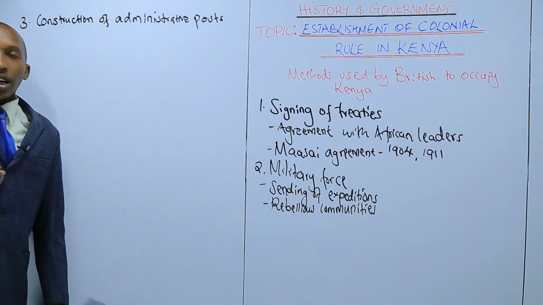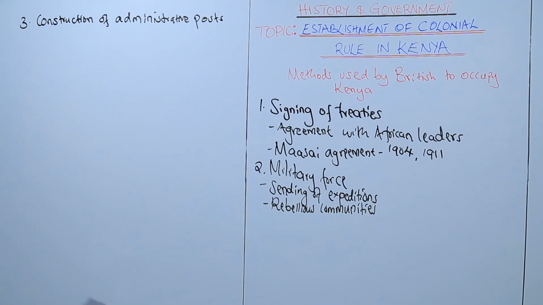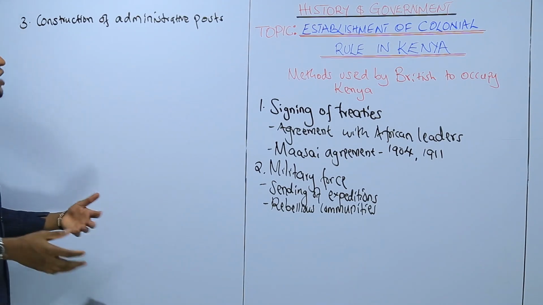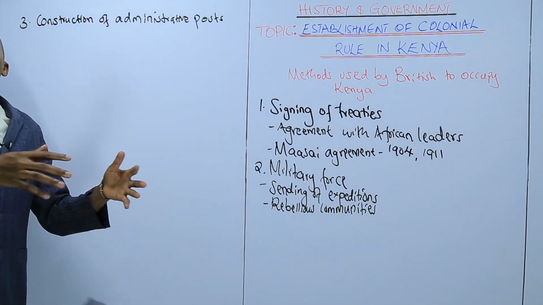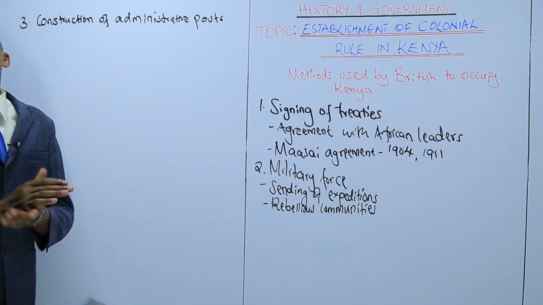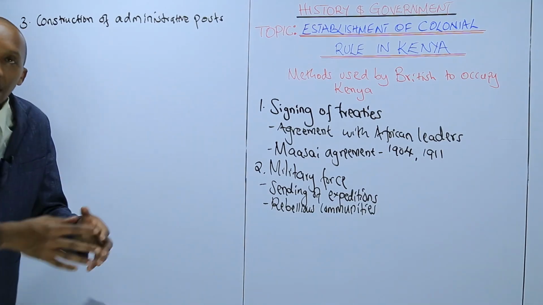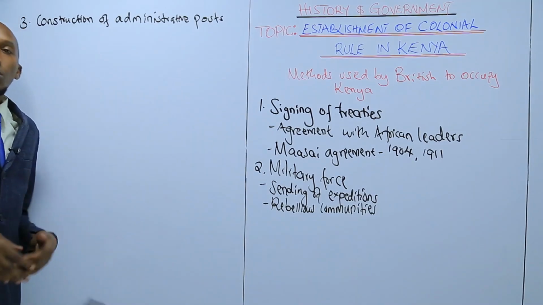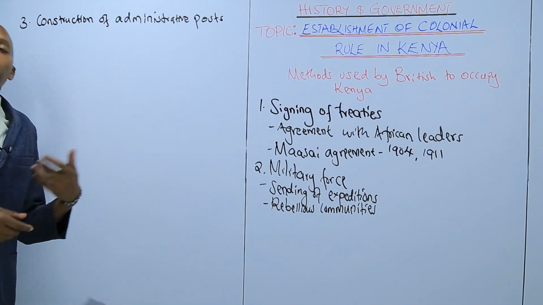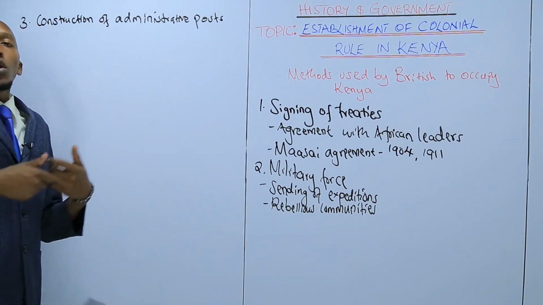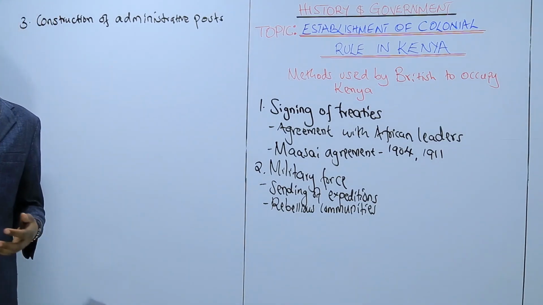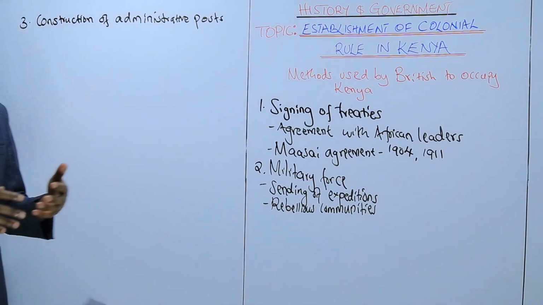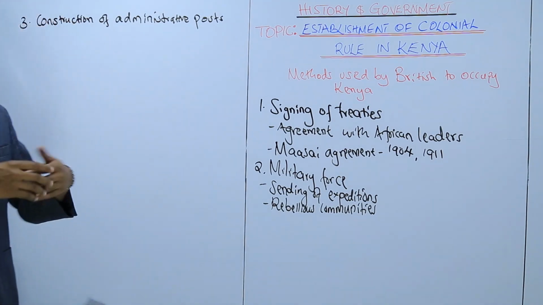So what the British government did, they could construct or build forts or posts where they could act as their headquarters, where they could make decisions. And these posts were used to plan, and they were used to exert control over the people. So the British made several bases where they could operate from.